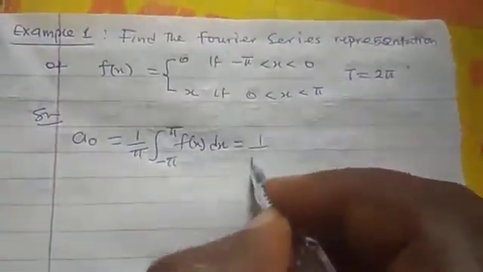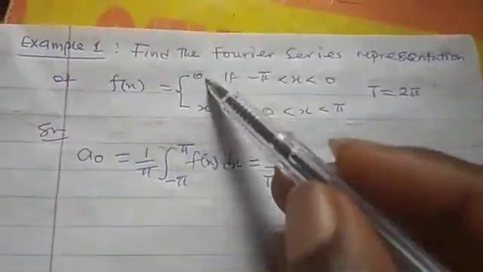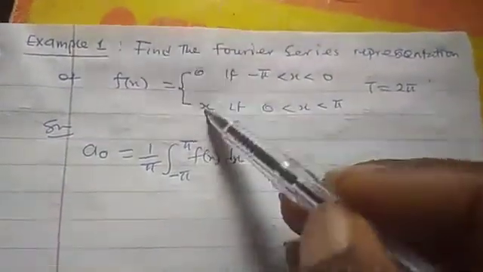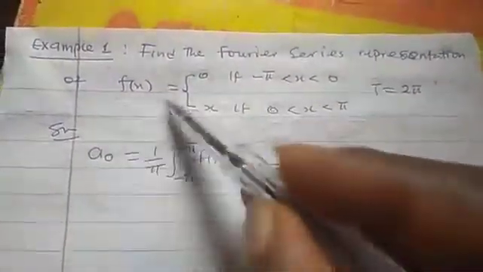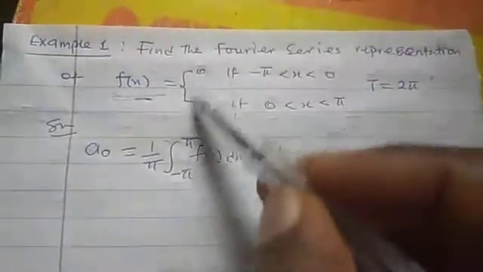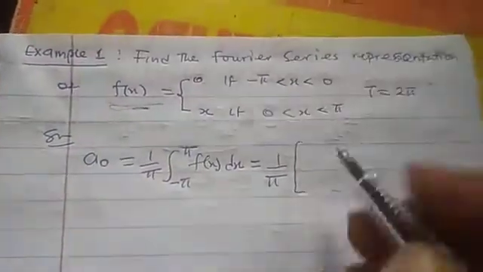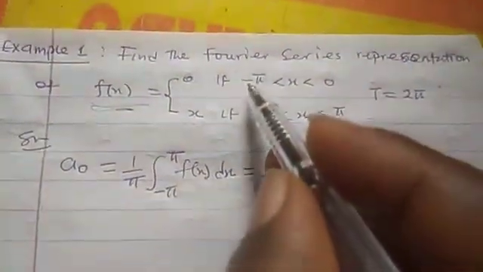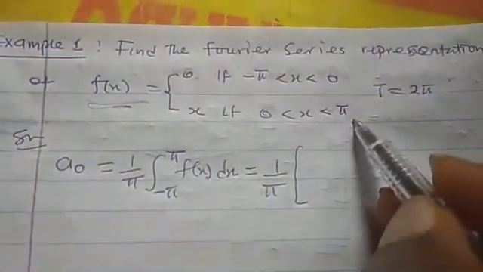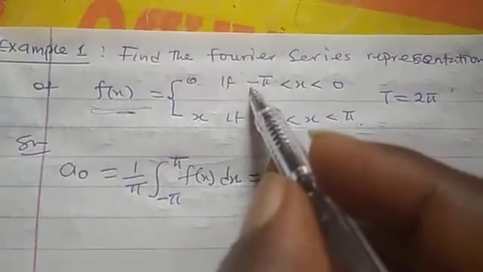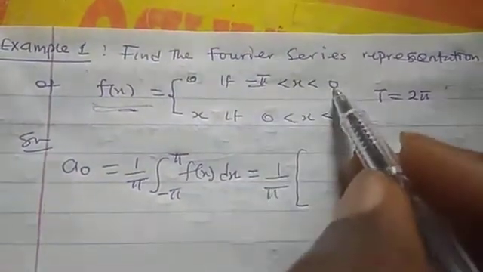But this function is a step function. We have this f of x in two places, so that means this integration will be in two places too. You can see it is from minus pi to pi as well, but the first part is from minus pi to 0.